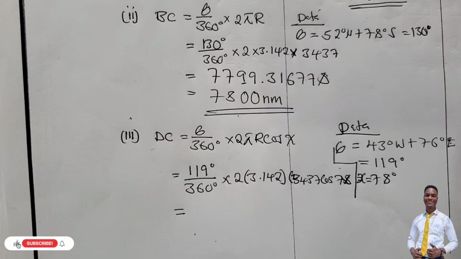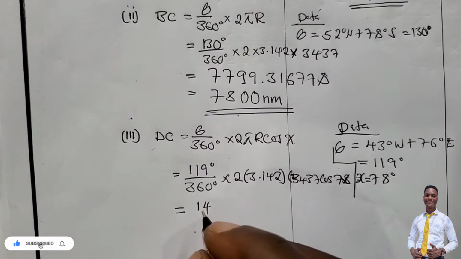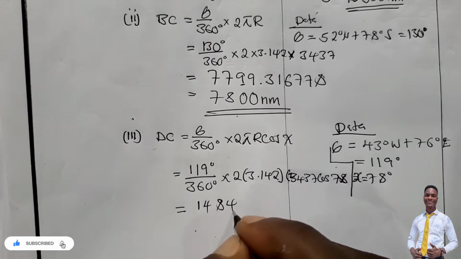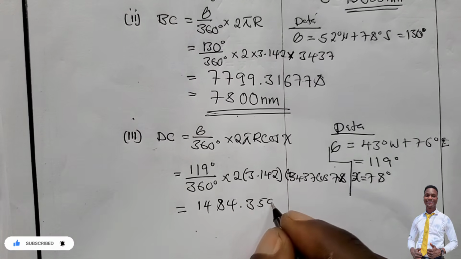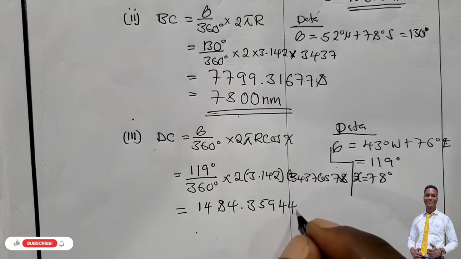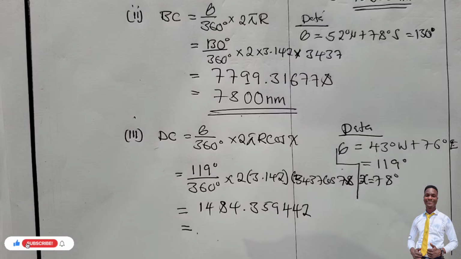This is giving me 1484.359442. Round this off to three significant figures.